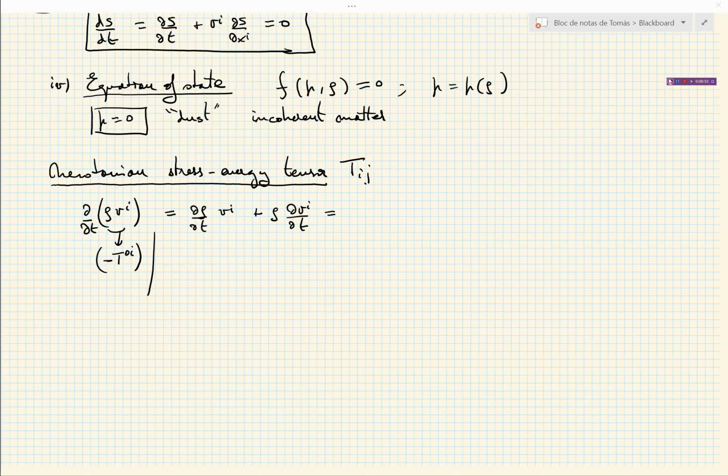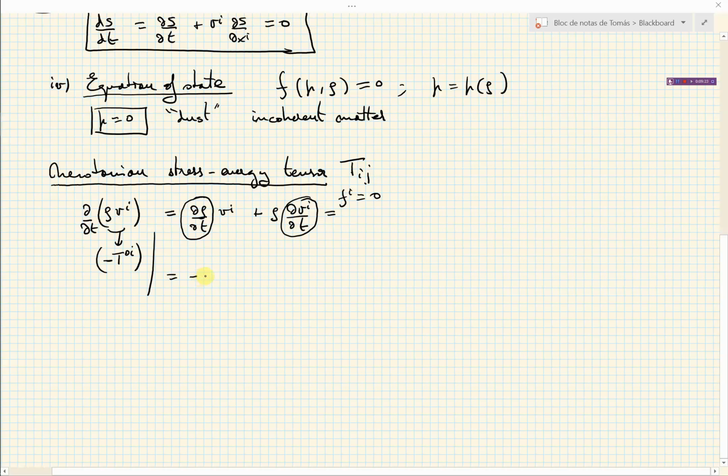So now I'm going to use the continuity equation to replace the time derivative of rho by minus the divergence of rho vi, and the Euler equation with Fi equal to 0 to replace the time derivative of vi. Otherwise, there will be no conservation of momentum. So for the moment, this is what I'm going to use.